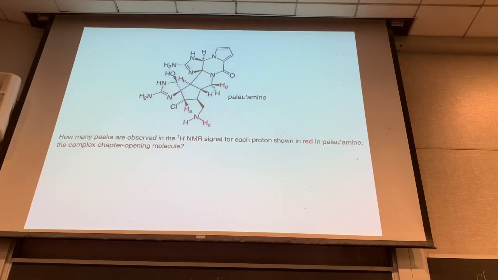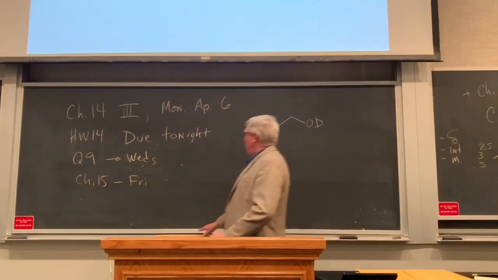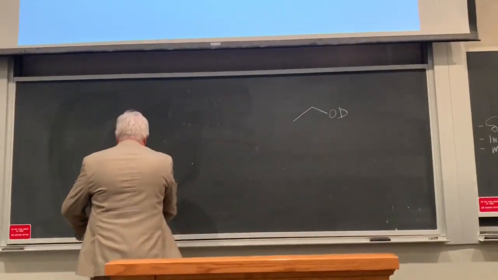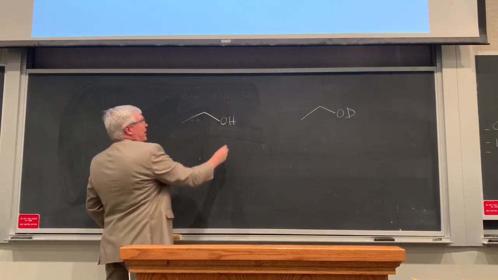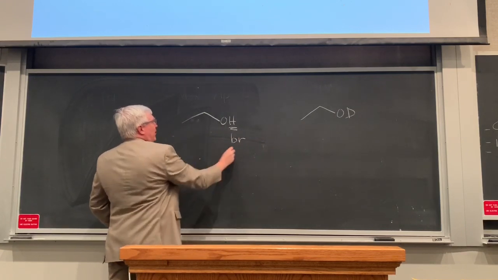Now, let's go down here to the board first. Let's not go to palaomine yet. What we said a second ago on ethanol, we showed the full spectrum there. We could see this proton, even though it's broad and has no coupling, always a singlet.